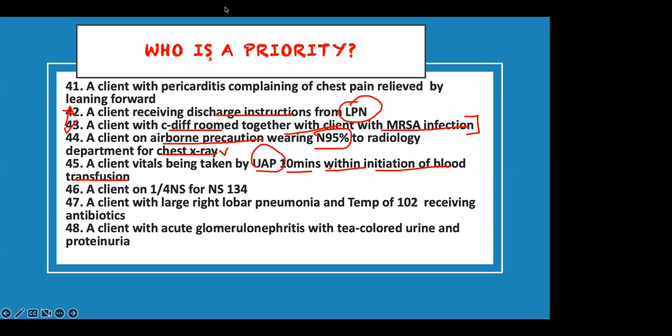Should you intervene? Yeah, you should intervene. The RN should take vitals for the first 15 minutes of blood transfusion. After 15 minutes, they can delegate that responsibility to the UAP if they find it necessary. But this one, we have to intervene, because if there's going to be a transfusion reaction, it occurs in the first 15 minutes.